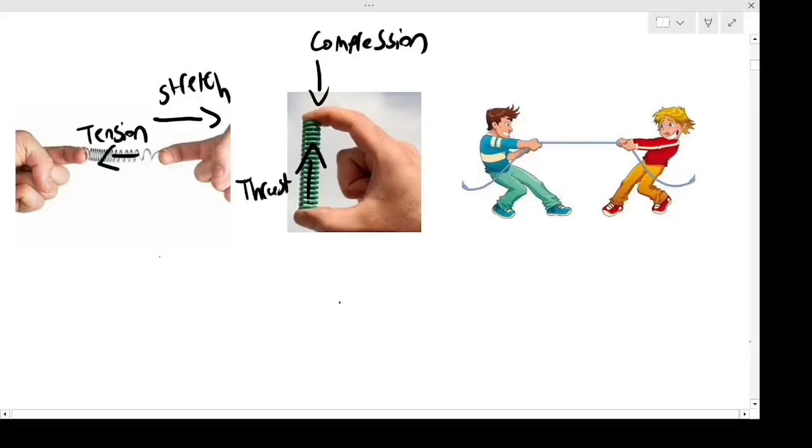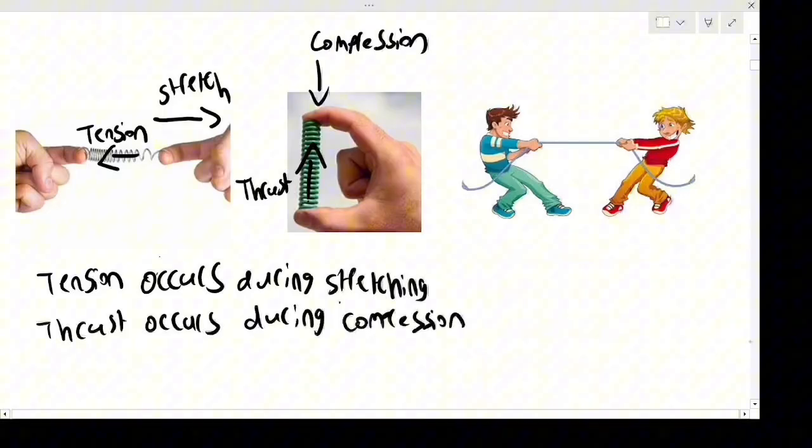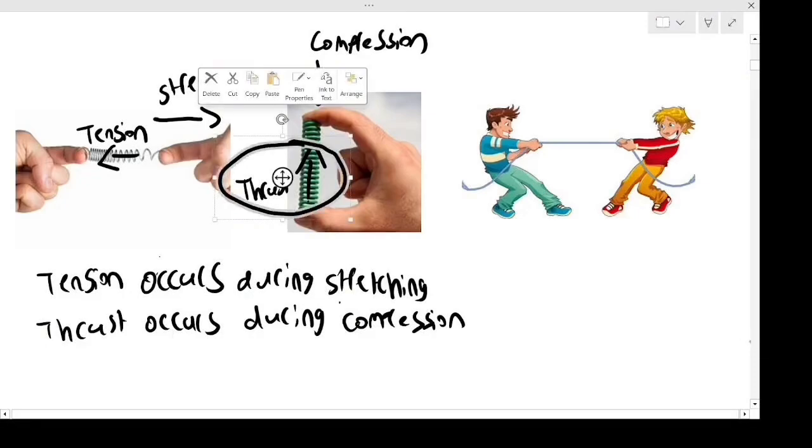So very simply, tension occurs during stretching, and thrust occurs during compression. You might be very familiar with tension in a piece of string. Tension is specifically when something's being stretched. The thrust force is when it's being compressed.